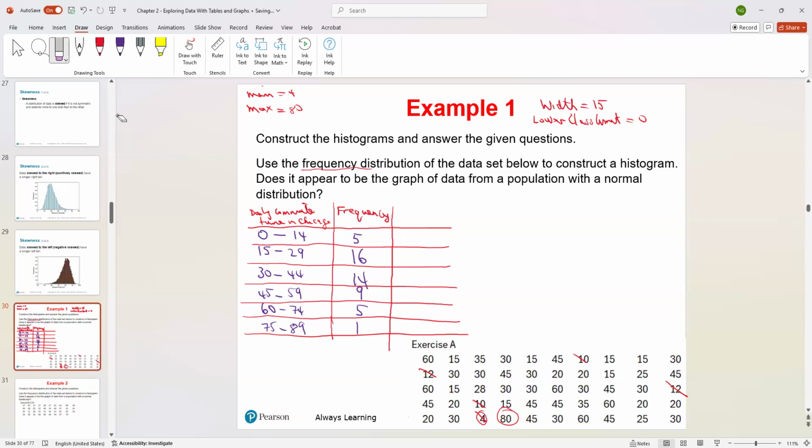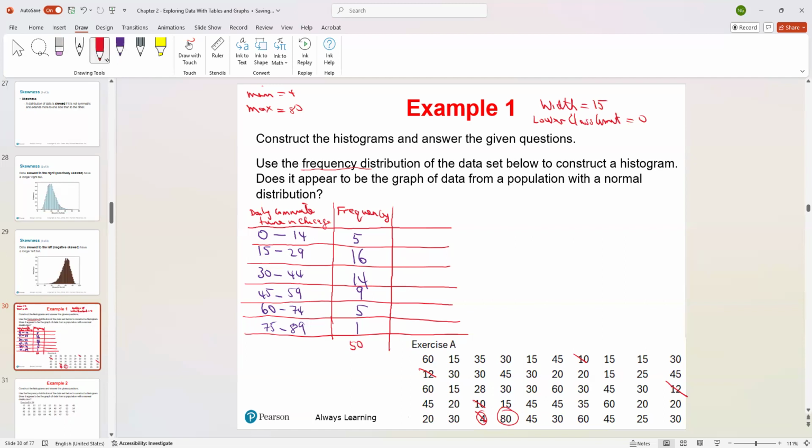The total: 5 plus 16, that's 21, plus 14, that's 35, plus 9, that's 44, plus 5, 49, plus 1. We know the total for this data set would be 50. If you count the number of data in that data set, you would see it also corresponds to 50 different data.